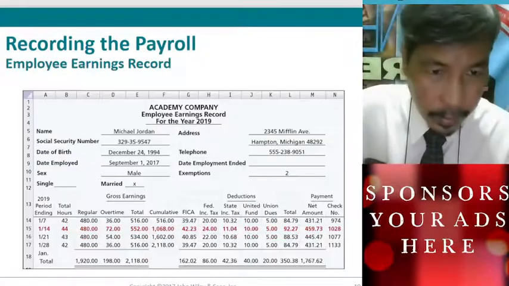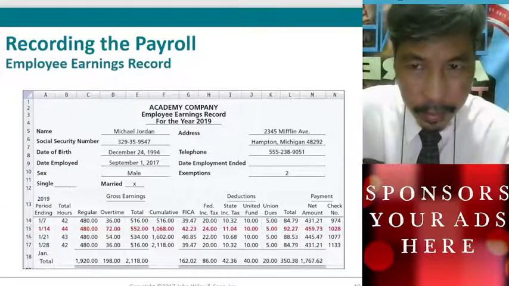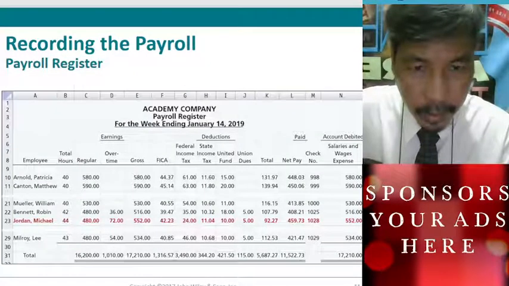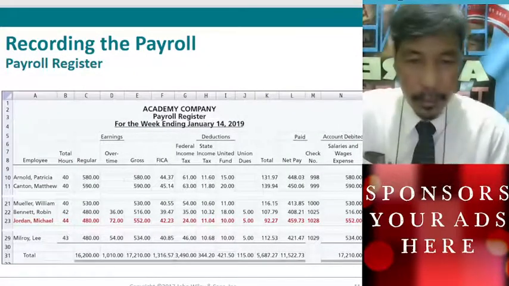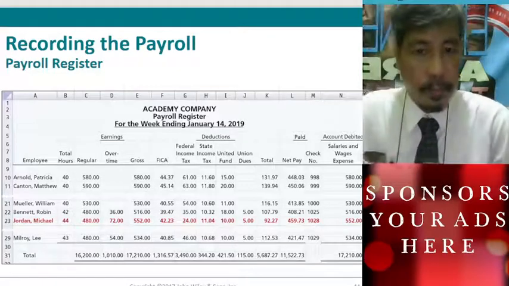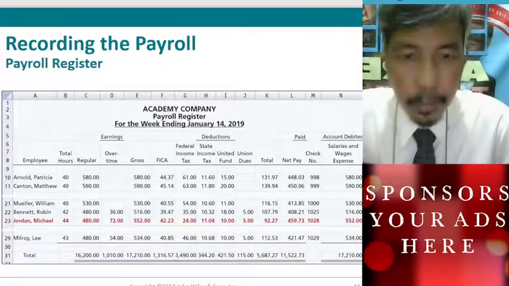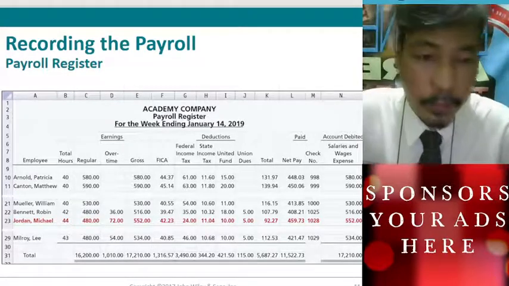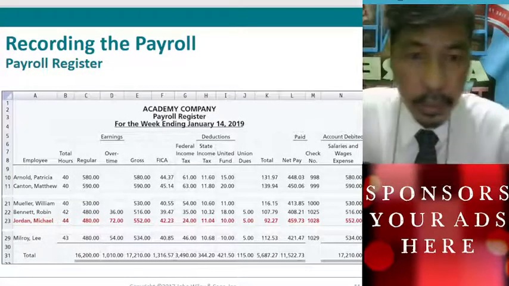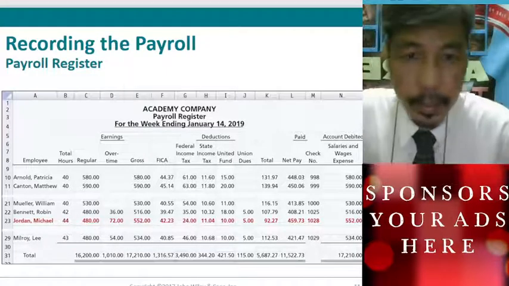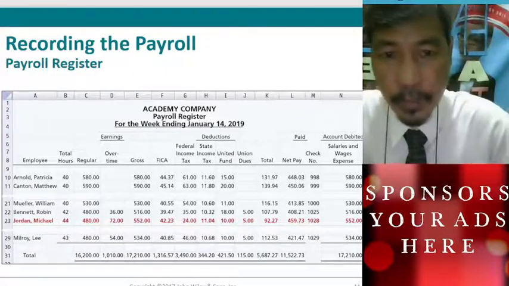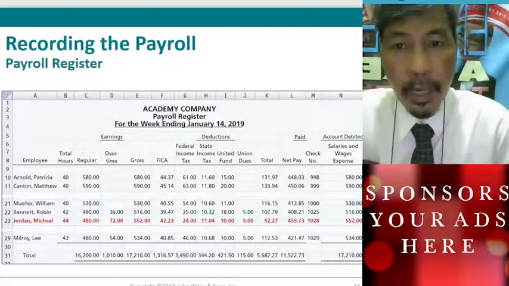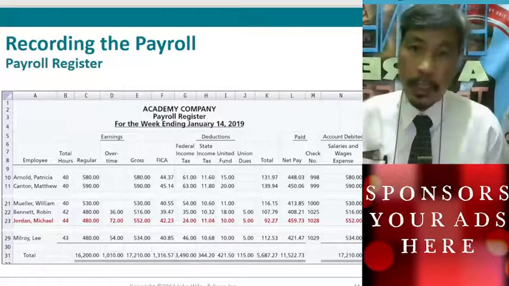Take a look at the red portion, 459.73. That is Michael Jordan for the second week, with 4 hours overtime amounting to $72. So 72 divided by 4 is $18. $18 per hour is good.